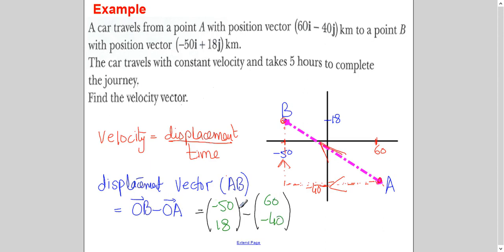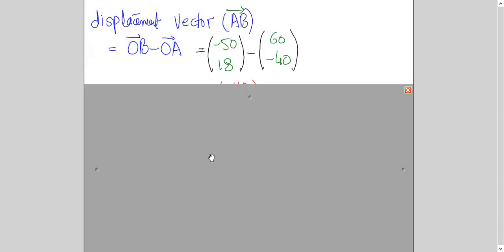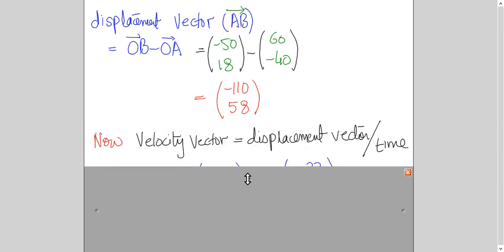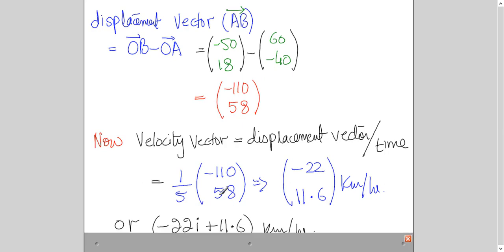So from here, I will get my displacement vector AB, and then I will divide it by time. So I got minus 110 and 58. And then I will divide it by time. It is given to me in the question, 5 hours. So I'm simply dividing it. And I got my velocity vector, minus 22 and 11.6 kilometers per hour.